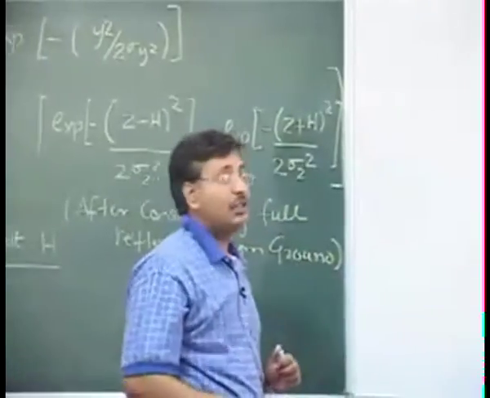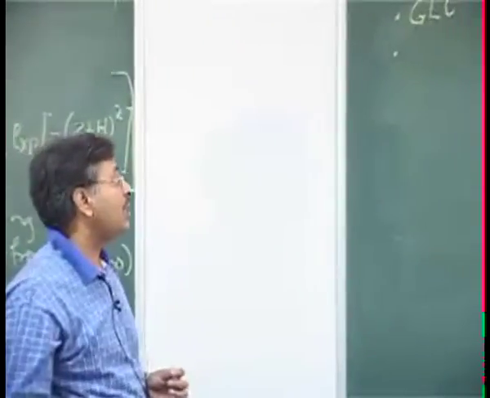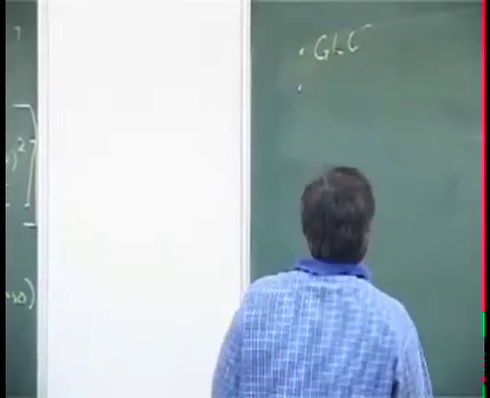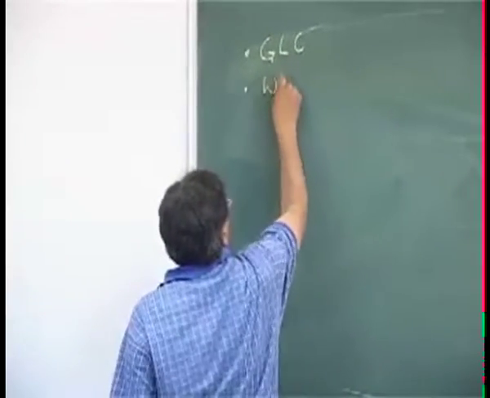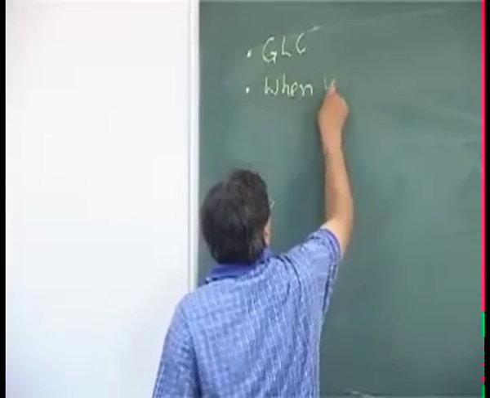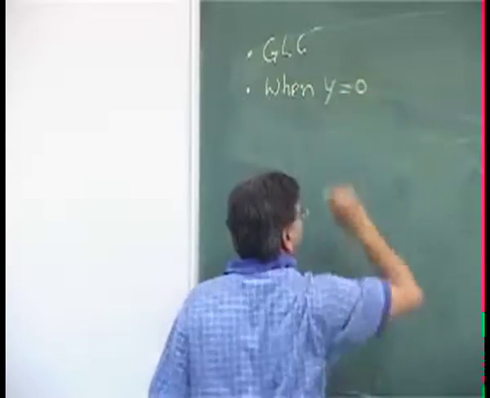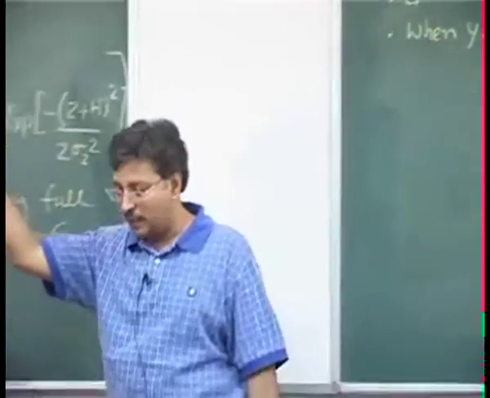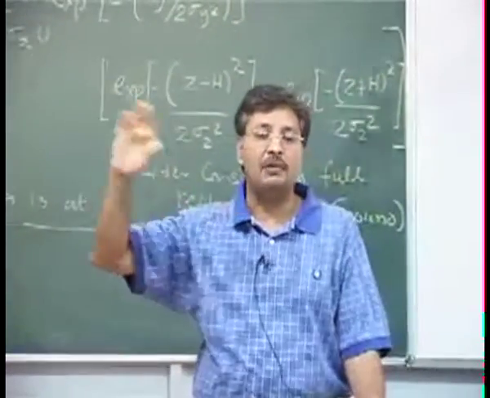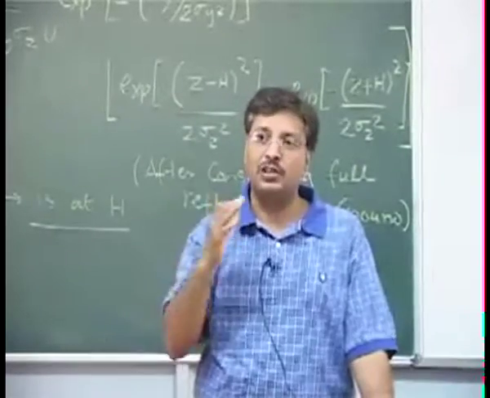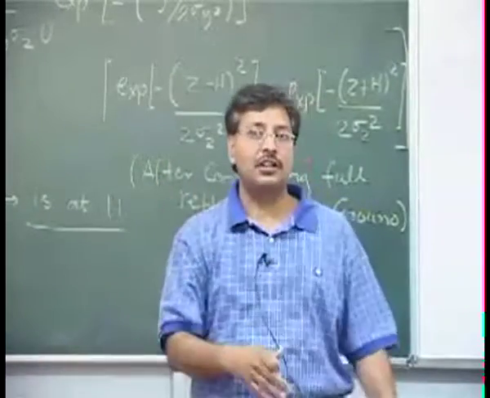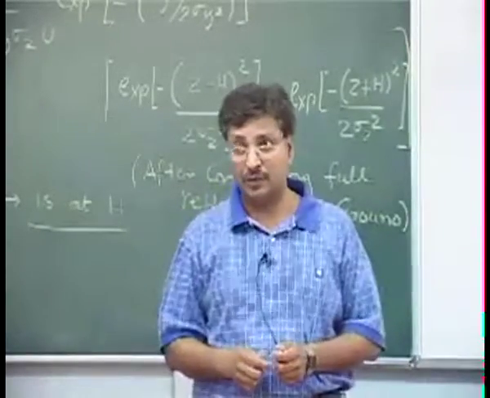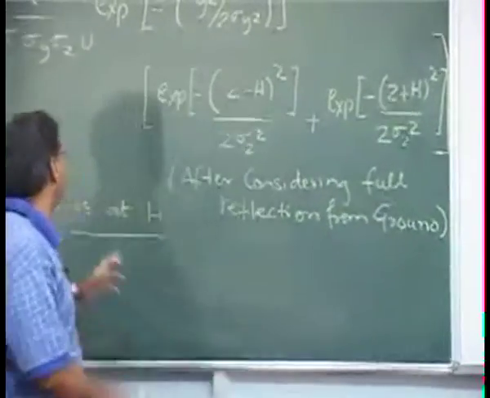So many times we are interested in the ground level concentration, though I won't call it maximum, when y equals 0. Suppose the plume was passing over IIT Kanpur from Panki power station. Then I want to know the concentration for people sitting at IIT Kanpur, taking y equals to 0.